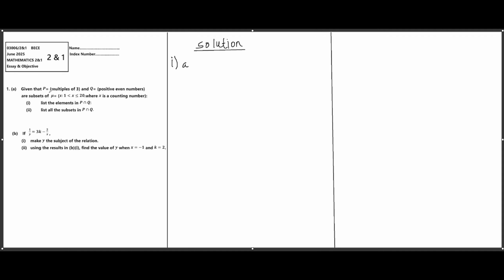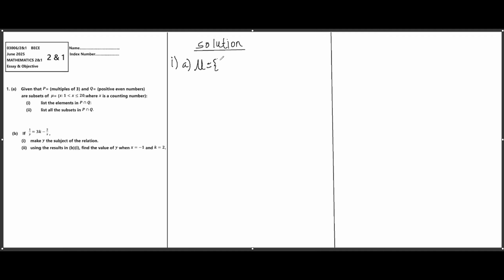Now, given that set P contains multiples of 3, set Q contains positive even numbers, and these two sets are subsets of the universal set. So the universal set, we have counting numbers, that is 1 exclusive all the way to 20.